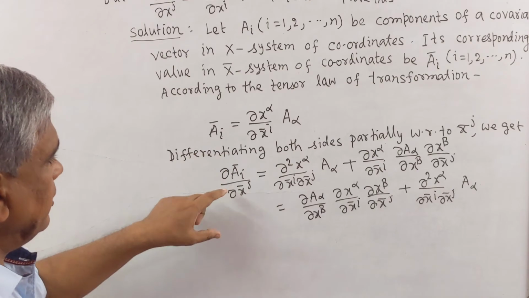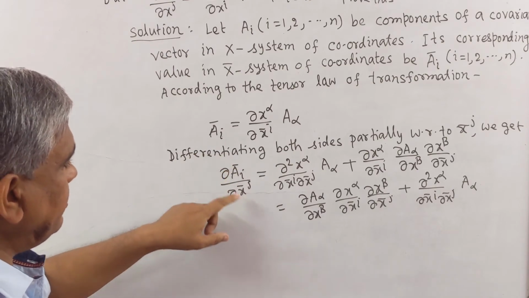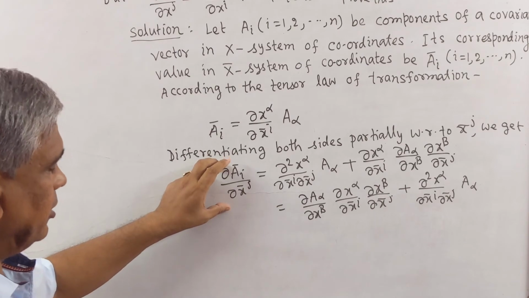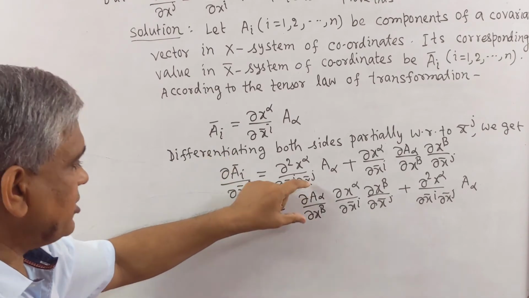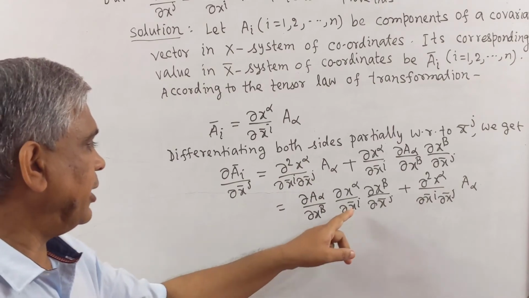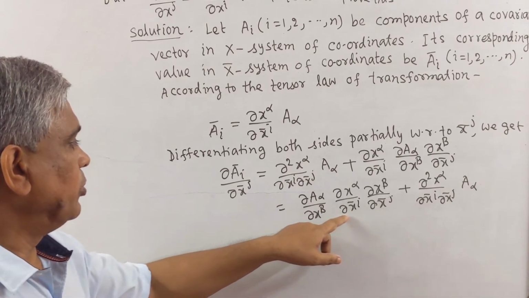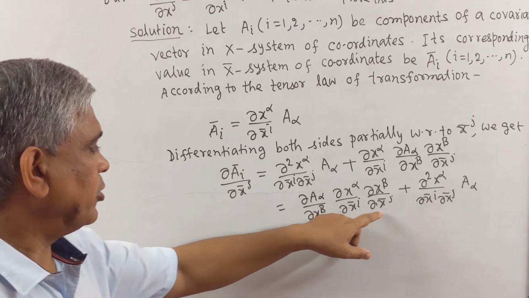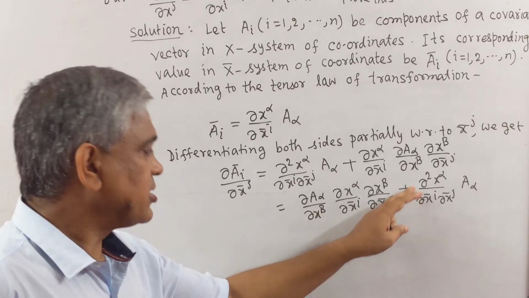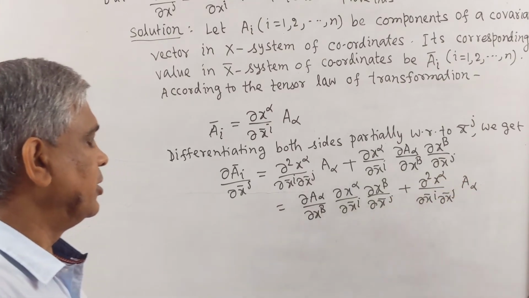Here ∂ā_i/∂x̄_j on the left side is the partial derivative in the barred system. Without the bar system, this is the corresponding partial derivative, and we have two partial derivatives of coordinates, plus the second term.